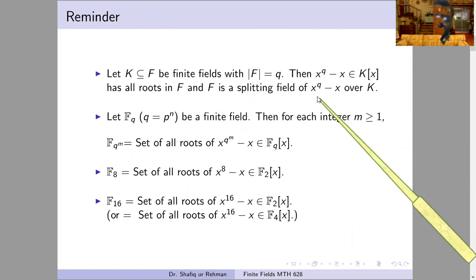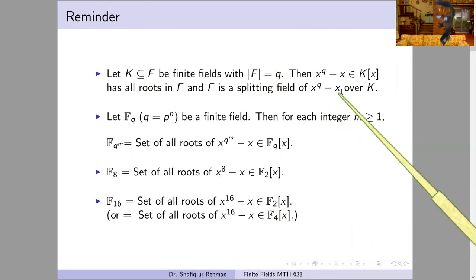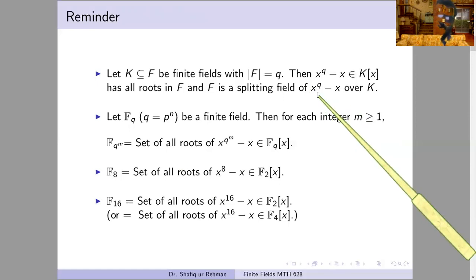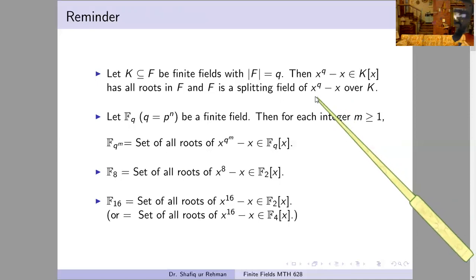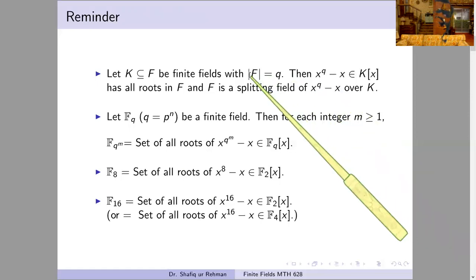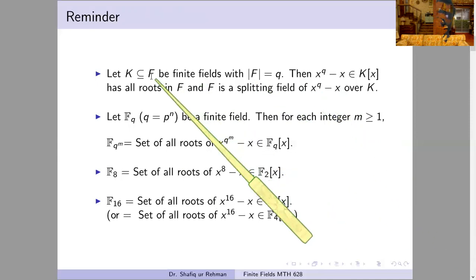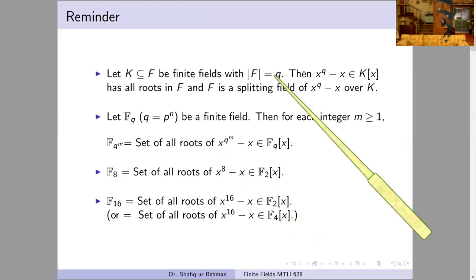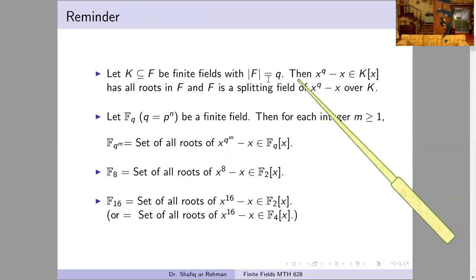And this is because the degree of this polynomial is q and all the roots of this polynomial are distinct, and no polynomial can have more roots than its degree. And by using a result, we know that all the elements of F will be a root of this polynomial. So it means that all the roots of this polynomial belong to this field F, and it will be the smallest field which consists of all the roots of this polynomial.